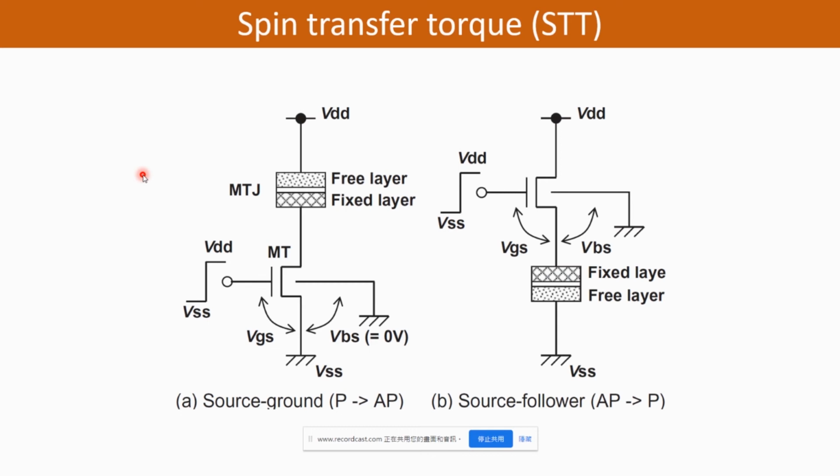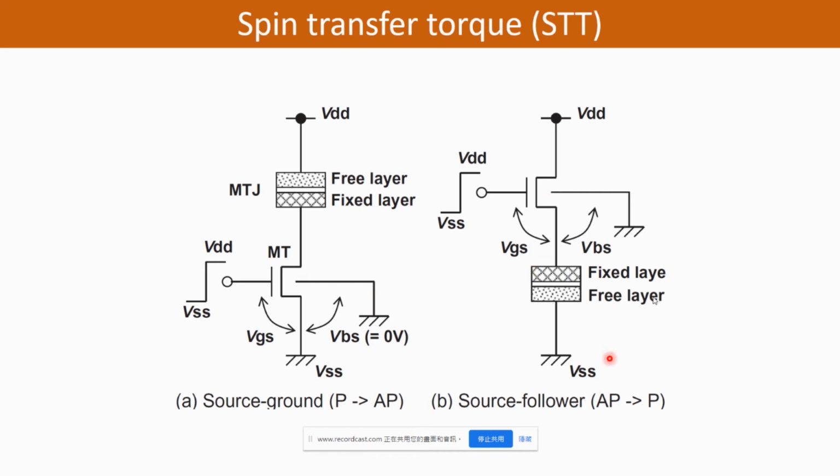For the MOS, the source and substrate are connected to a low voltage of VSS. When the MOS gate voltage turns to VDD, the current flows from the free layer to the fixed layer, and the magnetization of the free layer is reversed.